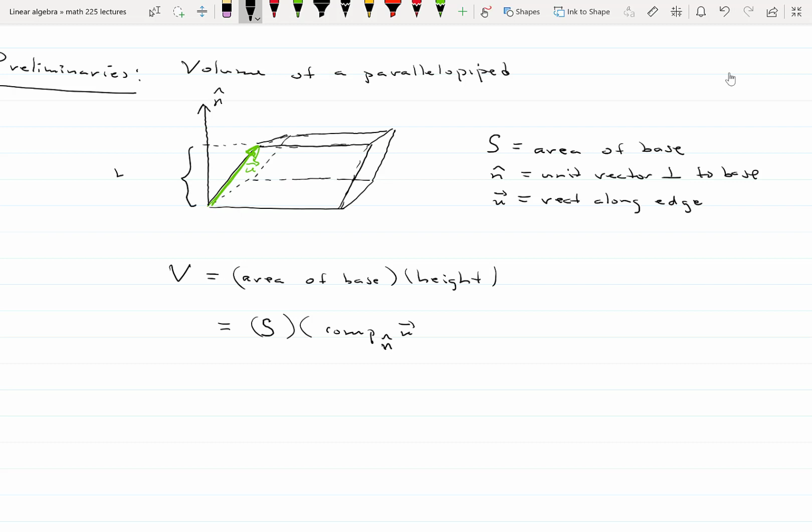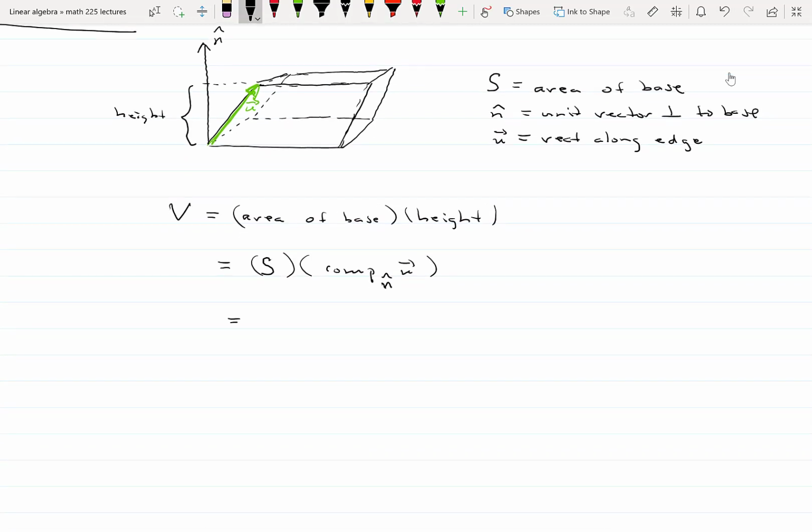This is the height. Well, we have a formula for the component of u in the direction of the normal. This is S times u dot n over the length of n. This is a formula we learned a long time ago in this course, but it's a normal vector, so the length of n is 1. So I can write this as u dot n times S.